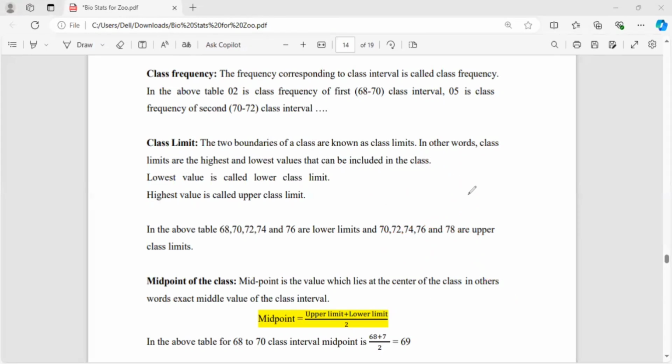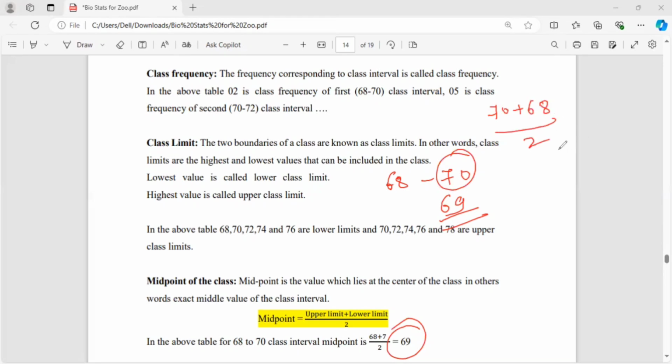The next basic definition is the midpoint of the class interval. The midpoint of the class interval is nothing but the exact middle value of the class interval. See here, 68 to 70 is the first class interval. What is the middle value? The middle value is 69. How did we get it? We add the upper limit and lower limit and divide by 2.